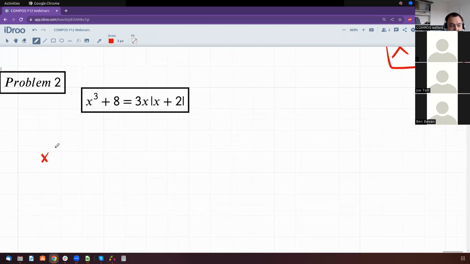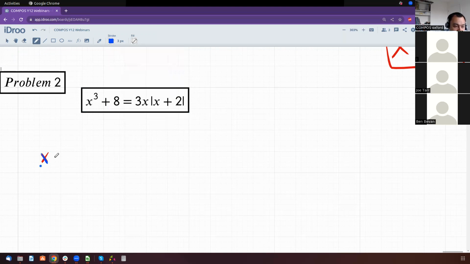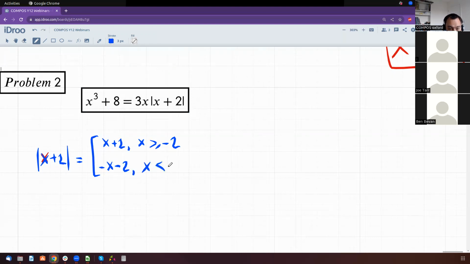The modulus of x plus 2 is either x plus 2 if x is greater or equal to minus 2, or it is minus x minus 2 if x is less than minus 2. We'll call these case number 1 and case number 2, and we deal with them separately.